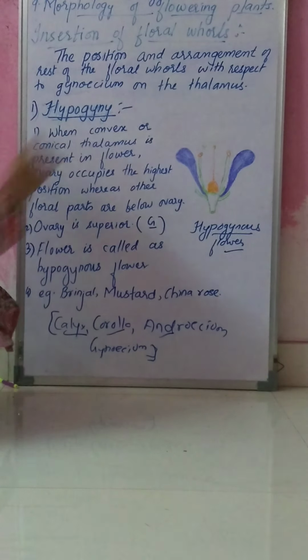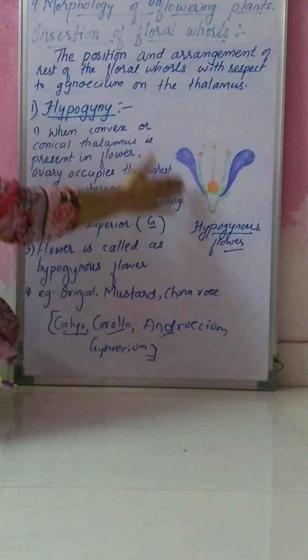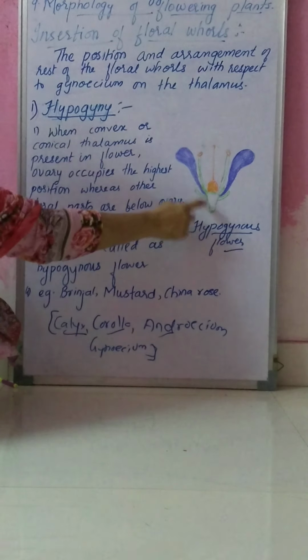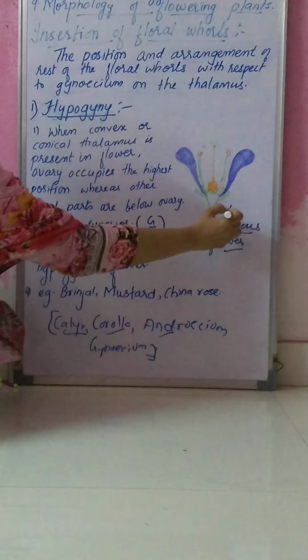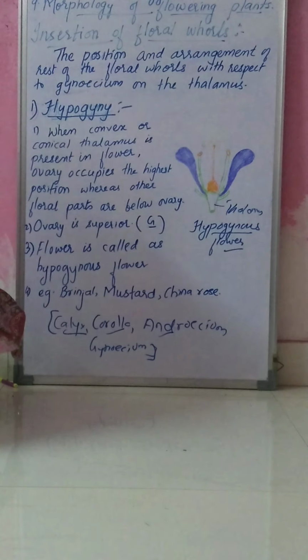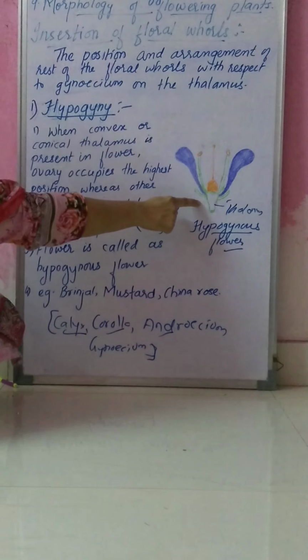So what is the position and what is the arrangement of calyx, corolla and androecium with respect to gynoecium on the thalamus? This part is the thalamus. On that day we studied the parts of the typical flower, in which we saw the thalamus. So this is the thalamus.